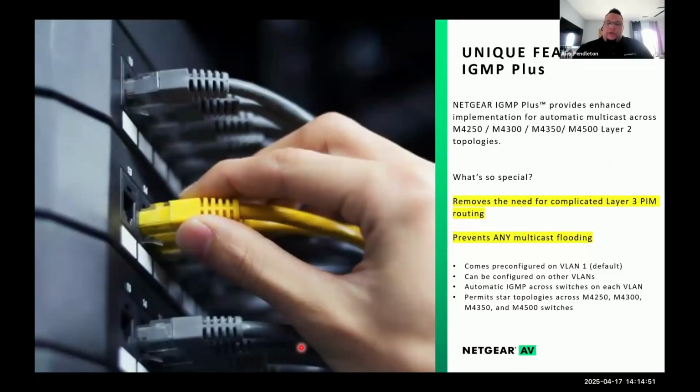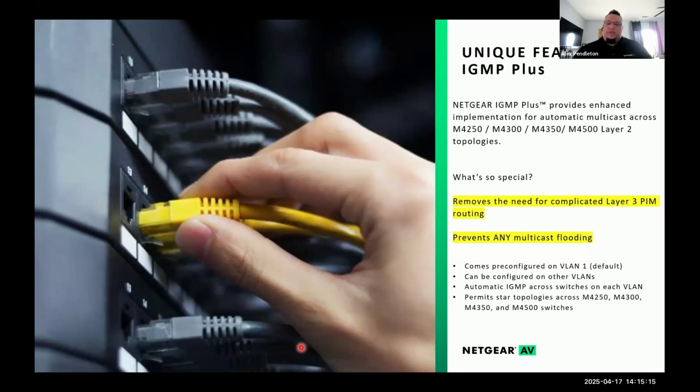So the big unique feature that we came up with in 2019 was a way to organize communication for AV over IP. And the reason we call this training the evolution of AV over IP is because once NETGEAR started to look into this industry, we found that at layer 2, we were not able to build larger and larger networks to do more and more things.